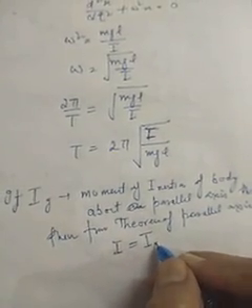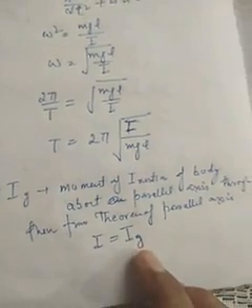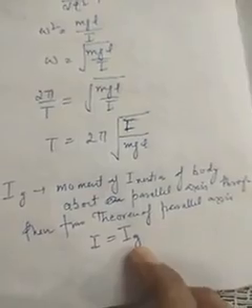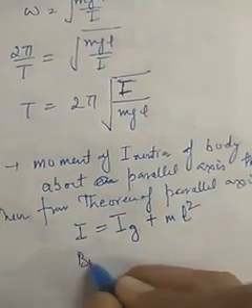I in terms of the moment of inertia about the parallel axis passing through the center of gravity, Ig, plus m into L square. But this Ig can be written in terms of mass and radius of gyration.